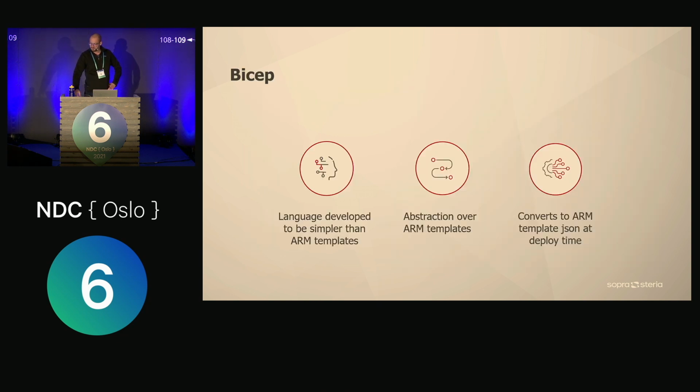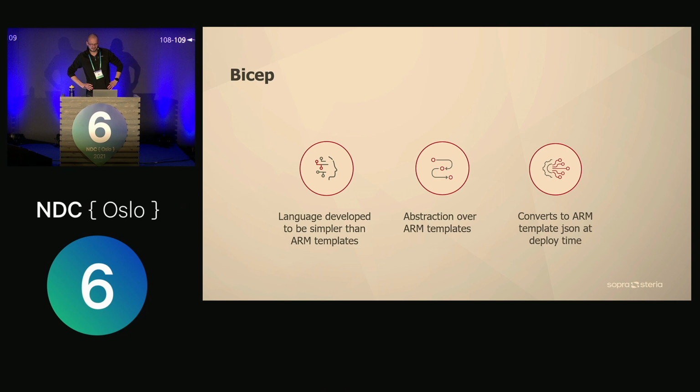So yeah, I can't really talk about ARM templates nowadays without mentioning Bicep. And yeah, it can't be a coincidence that they called it Bicep when it's dealing with ARM templates. It's a language developed to be simpler than ARM templates, because humans aren't really meant to work with JSON. That's just horrible.